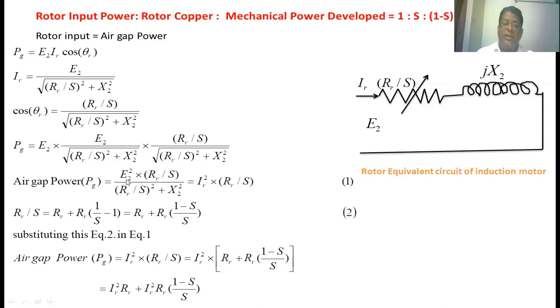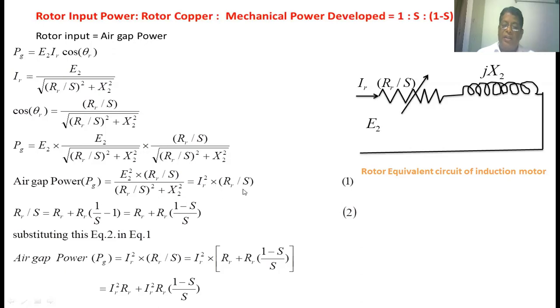In the numerator, this E2 and this E2 get multiplied, giving E2 square into RR by S. E2 square by (RR by S) whole square plus X2 square is equal to IR square. Already we know the expression for IR. So IR square into RR by S. Now the air gap power PG equal to IR square into RR by S.